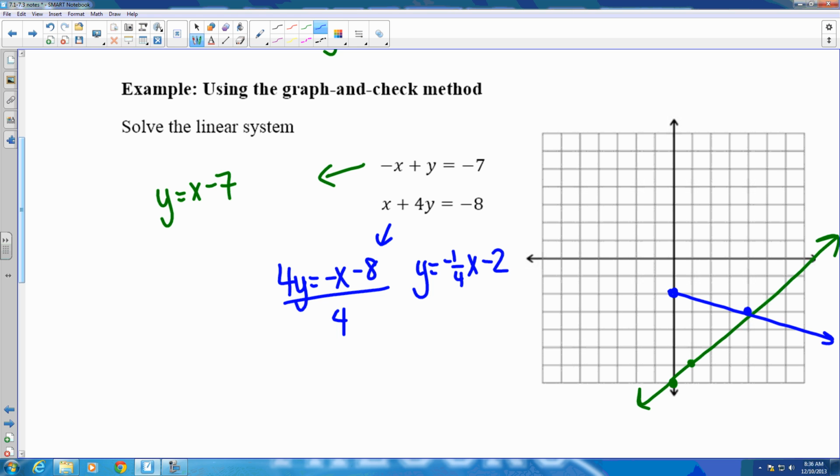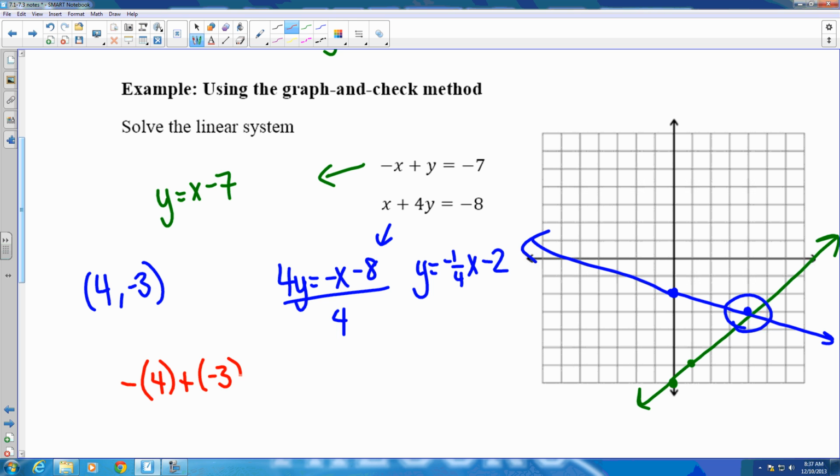Okay, so obviously they did not intersect at a perfect spot, but it looks like this one was supposed to be the correct intersection point, which is 4, negative 3. And then we need to check it. And they both work. So we know that that was the correct intersection point.